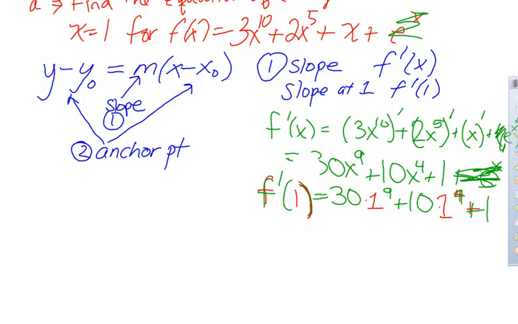So I get 30 plus 10 plus 1, 41. So my slope is 41.